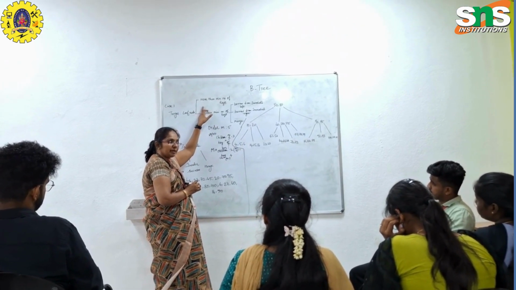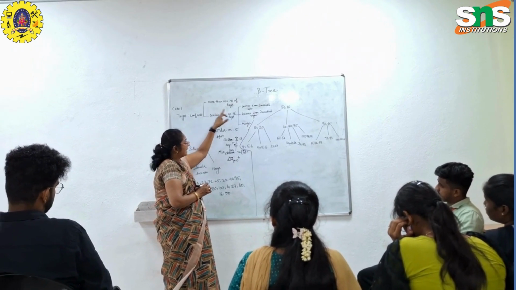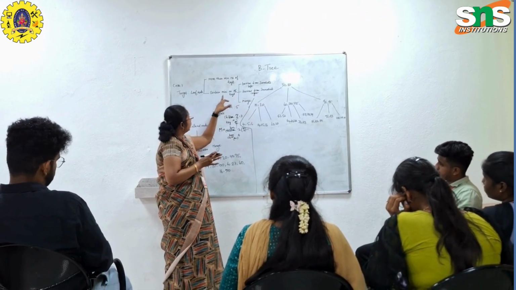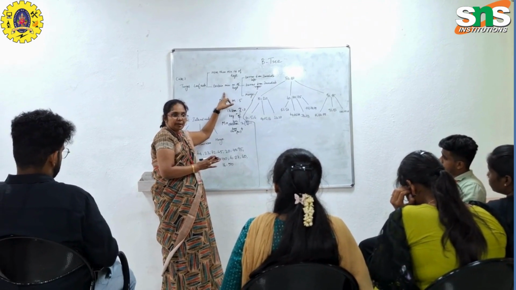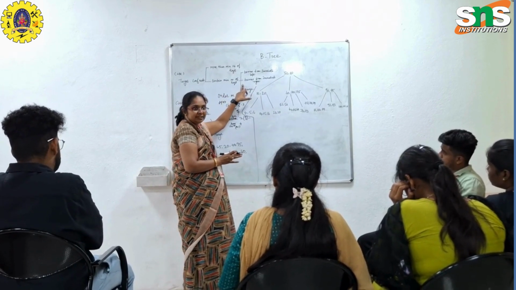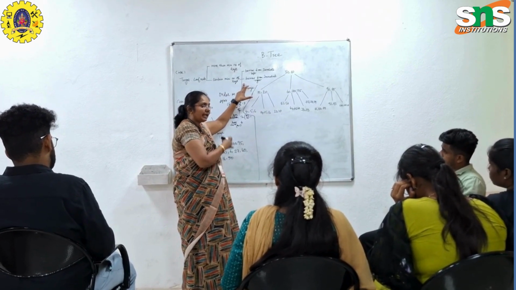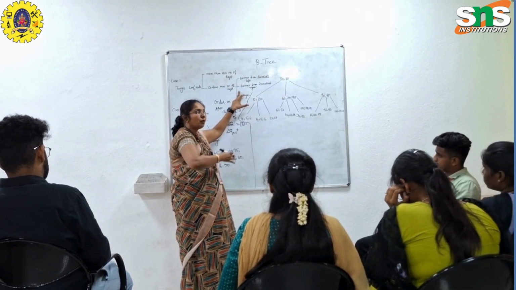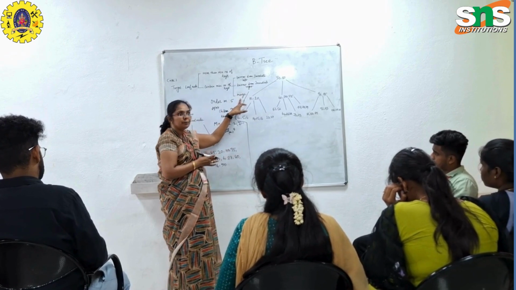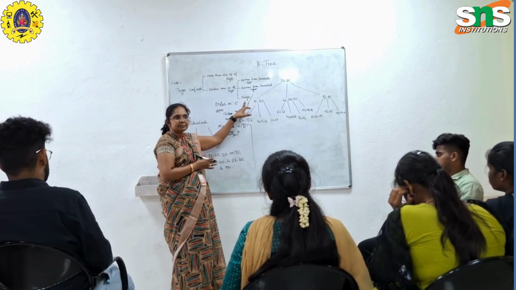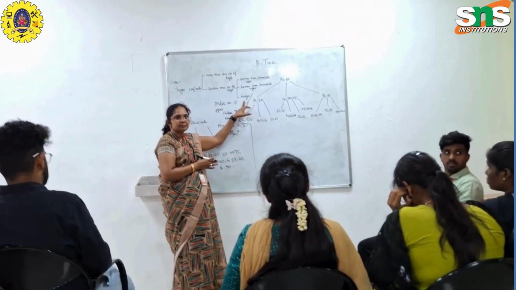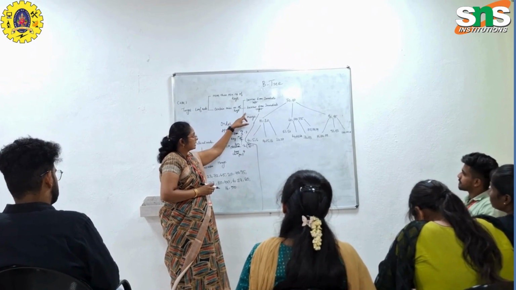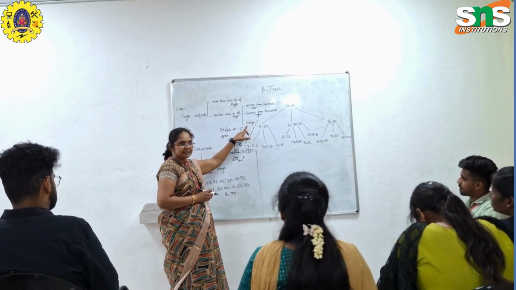If it has more than the minimum, we can directly remove it without checking anything else. If it contains only the minimum number of keys, we have to borrow data from either the right sibling or the left sibling. If neither of these is possible, we are going to merge the nodes.